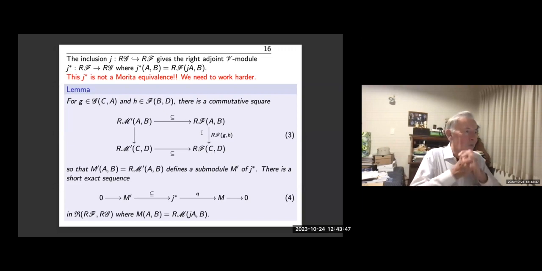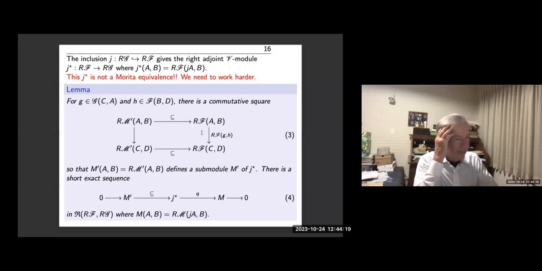Now, the module will give you a module, J upper star, and you have a J lower star as well, but J upper star goes in the opposite direction from RF to RG. But that J upper star is not a Morita equivalence, and that's where this lemma comes in. We're going to take a splitting of an idempotent on J star.